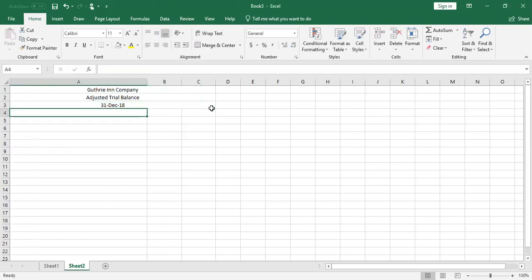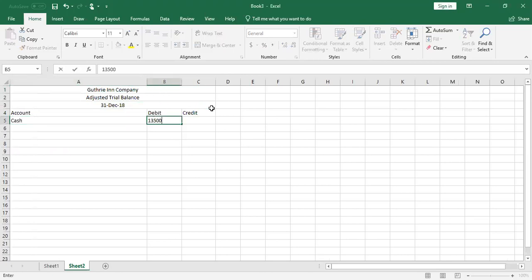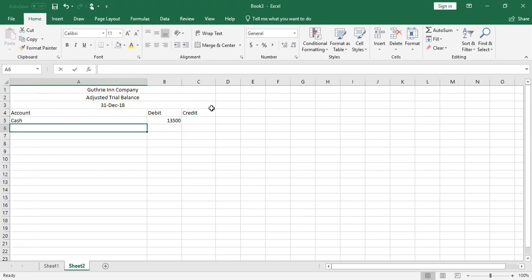So you're going to take your updated T accounts, whether they changed or not, and list each one with their balance. So we have the account, the debit, the credit. Cash still has a debit balance of $13,500. Accounts receivable still has a debit balance of $15,100. Prepaid insurance, oh, that balance changed.